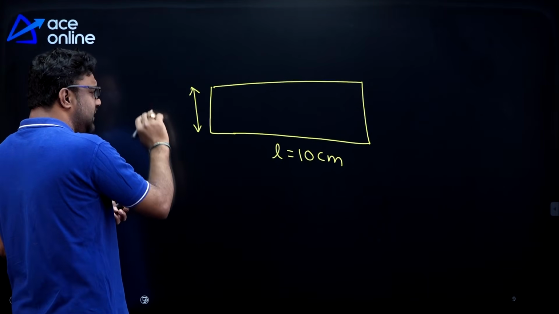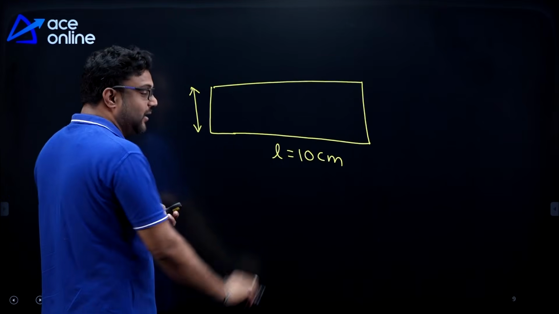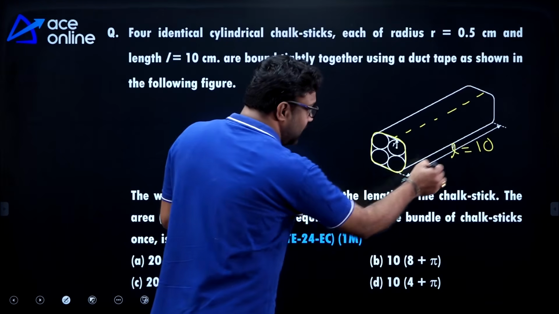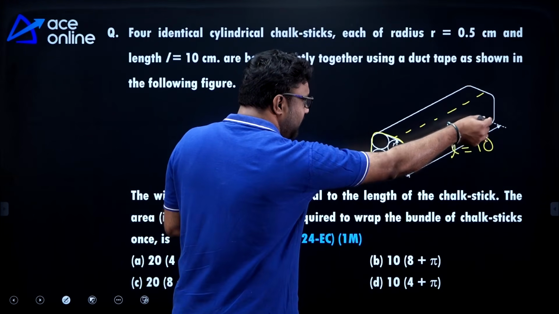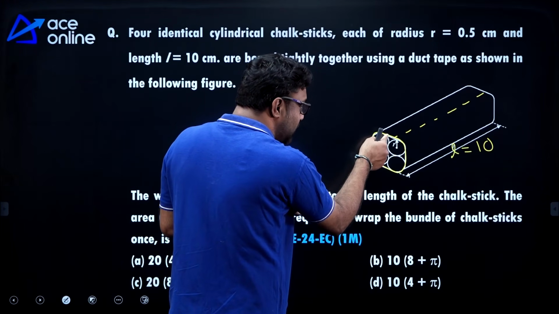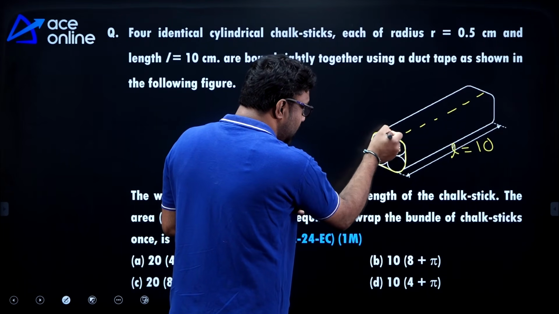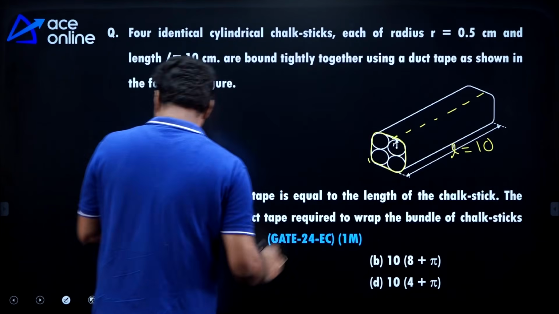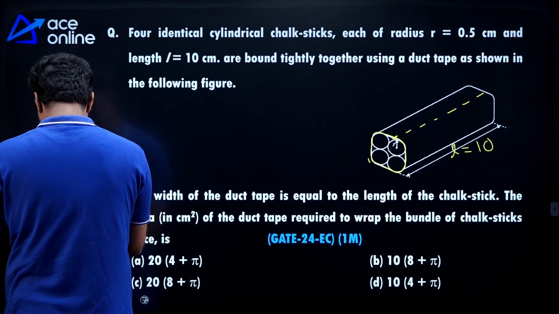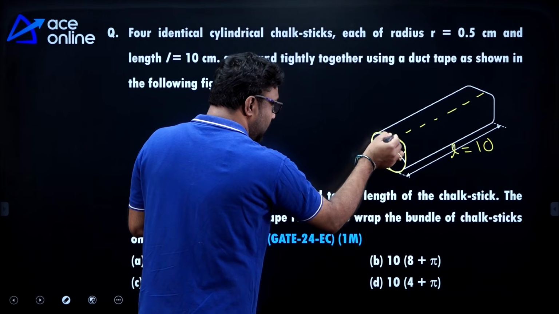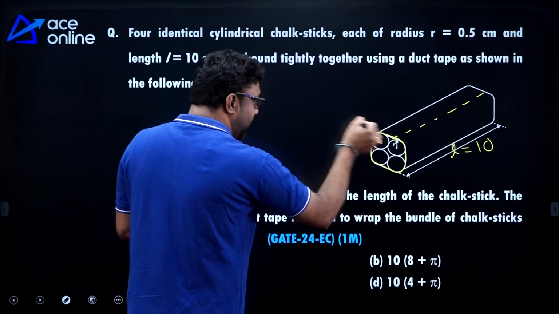One among them is given directly, the width of the tape. The other one we have to calculate. From this point to this point, let's say this is width, this is length. Now this length we have to calculate.